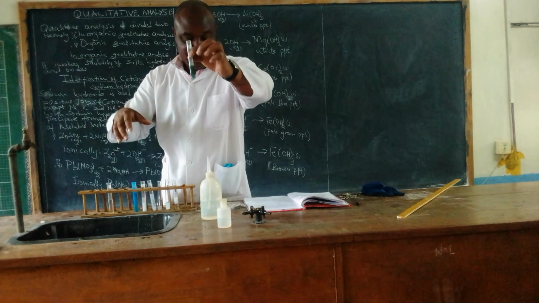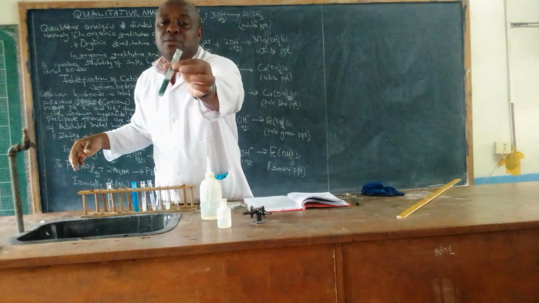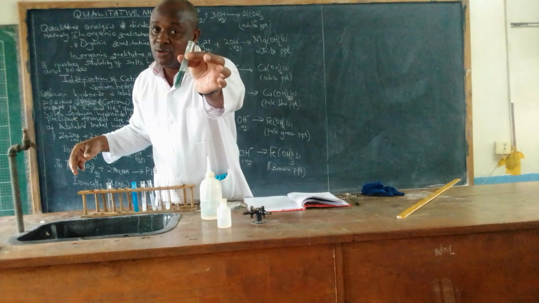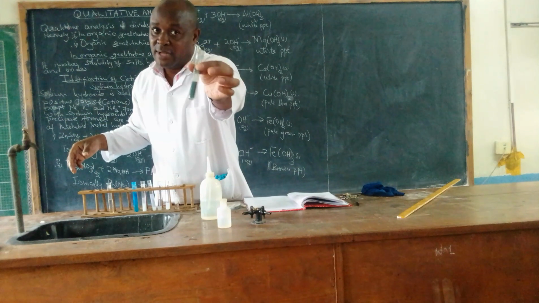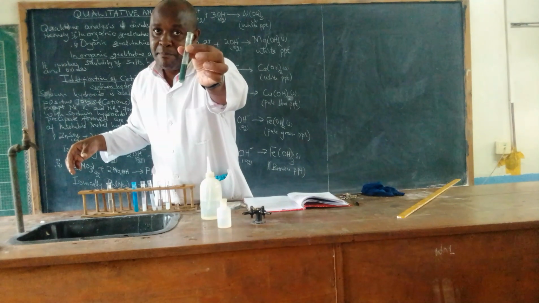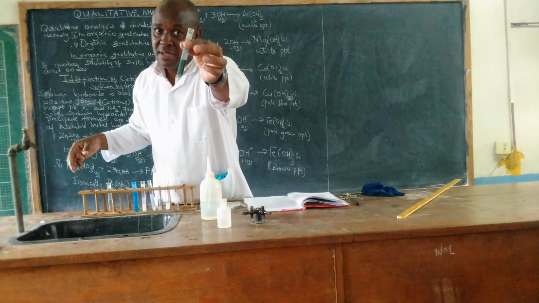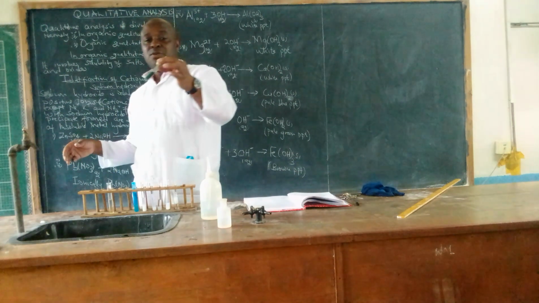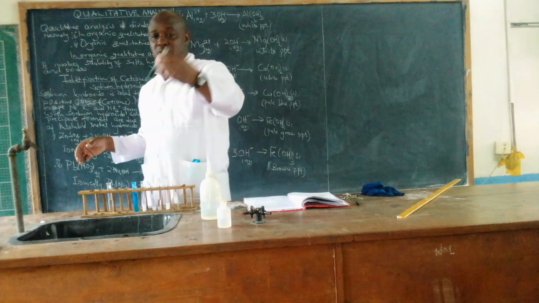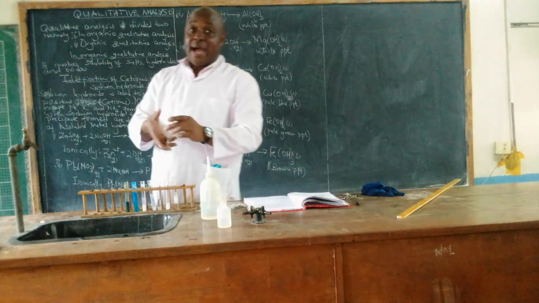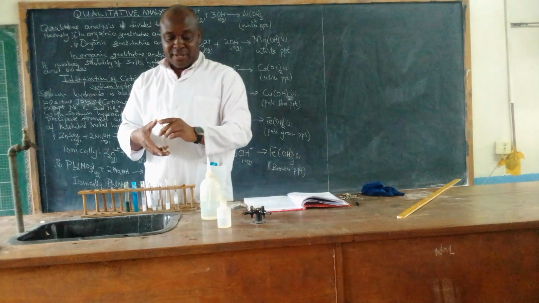A pale green precipitate. This is used for identification of iron 2. Then we conclude that iron 2 ions are present because of the pale green present.